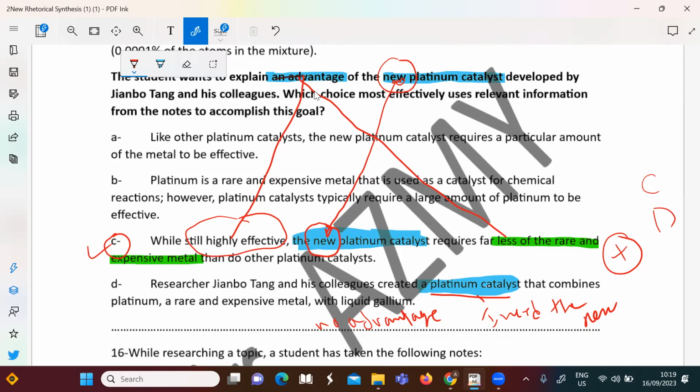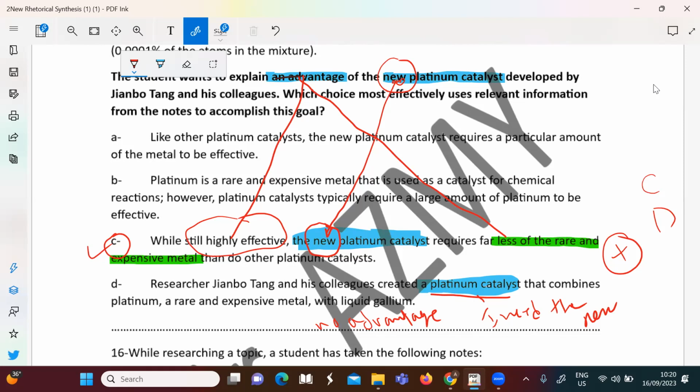In C he says it requires far less of the rare expensive metal than other platinum catalysts. Is this an advantage? New, still highly effective. Yes, this is an advantage. But what's wrong with D? Yes, you are correct.